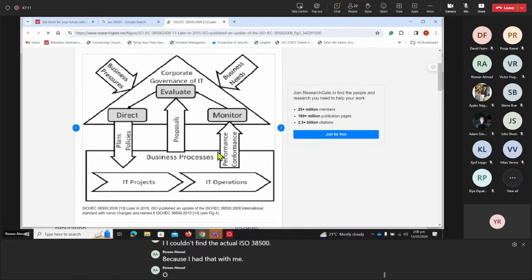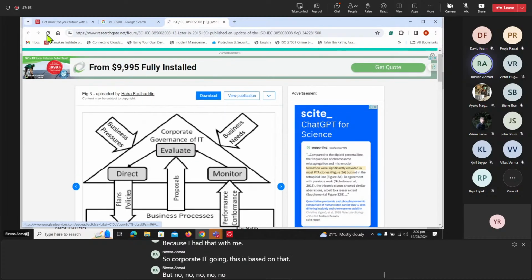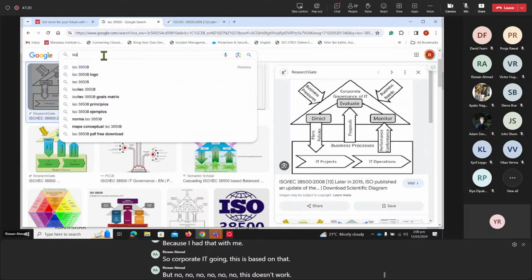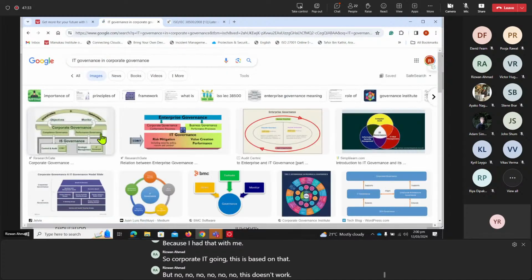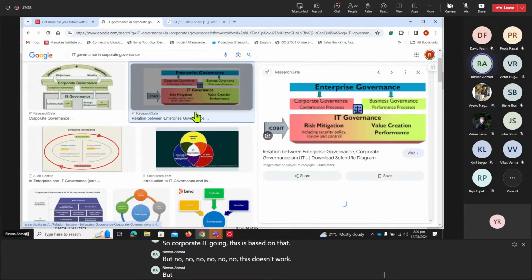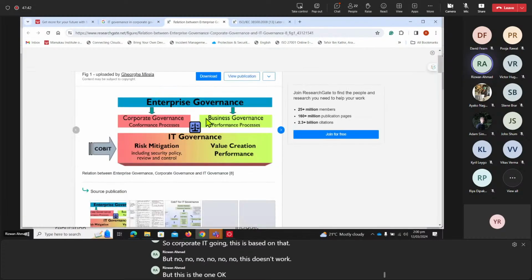Corporate IT governance is based on that, but no, this doesn't work. Perfect, this is the one. Okay, can you see this?